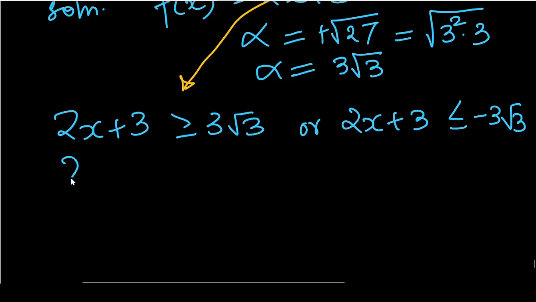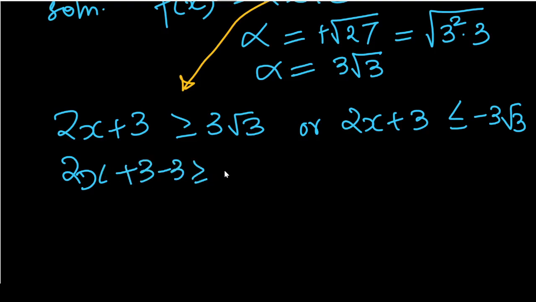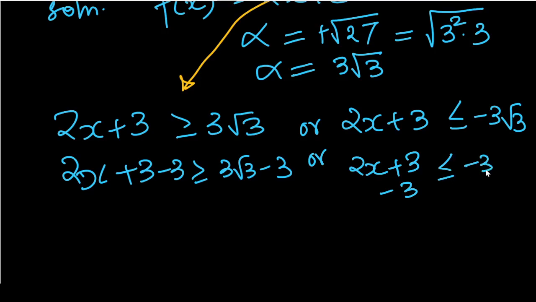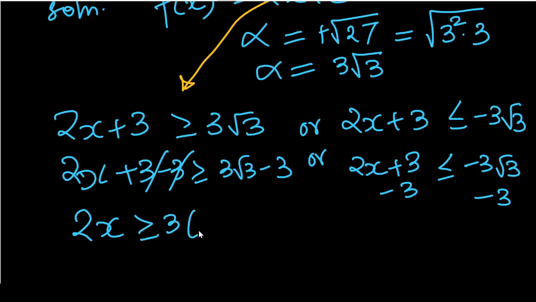So adding minus 3 on both sides, 3 root 3 minus 3 here, or 2x + 3 minus 3 minus 3 root 3 minus 3. This cancels out, and we are left with 2x greater than or equal to 3 root 3 minus 1.